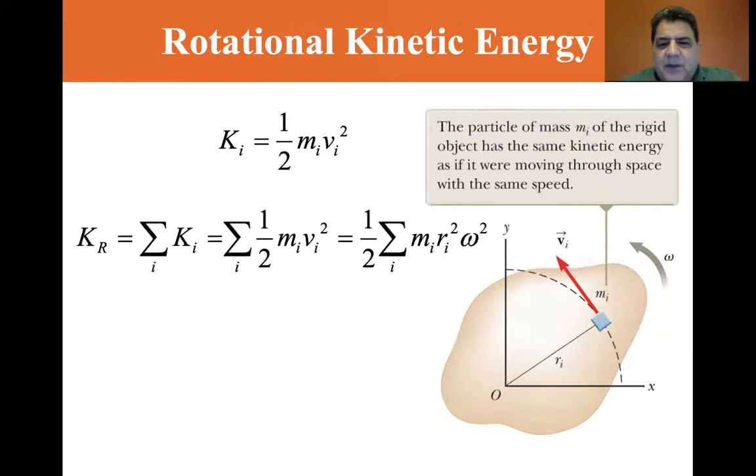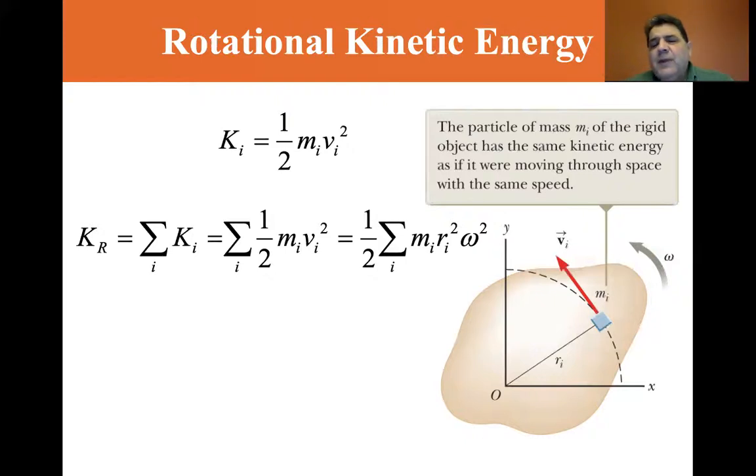Well, the rotational kinetic energy is equal to the sum of all the kinetic energies, the sum of 1/2 mi vi squared. Tangential velocity is related to angular velocity. V is equal to r omega, so we can do that substitution. 1/2 mi vi squared equals 1/2 mi r squared omega squared.